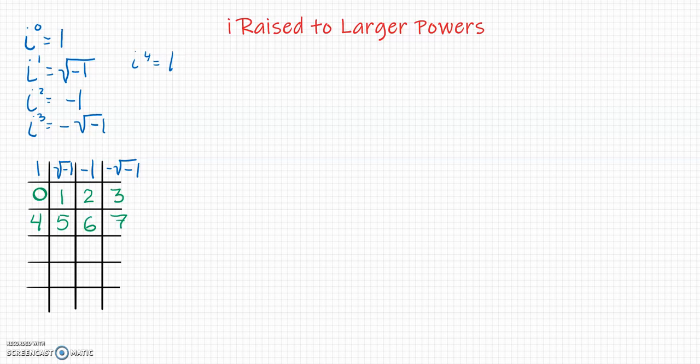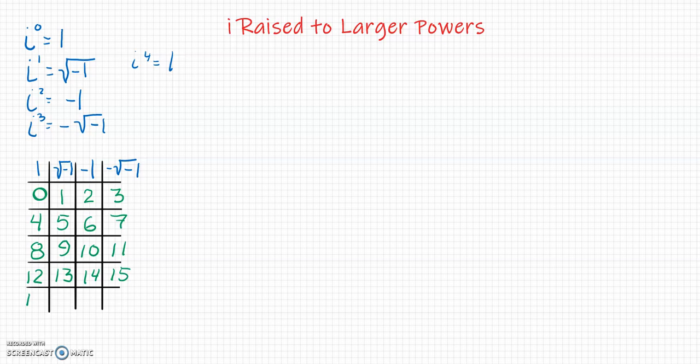So I'll continue to fill this out. This would be 8. This would be 9, meaning i to the ninth, i to the 10th, i to the 11th. i to the 11th would also be negative square root -1. Continuing, i to the 12th, 13th, 14th, 15th.